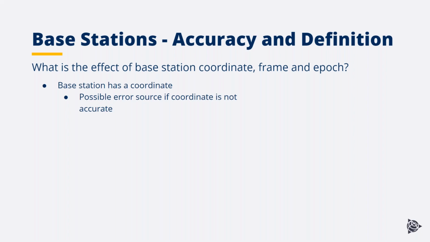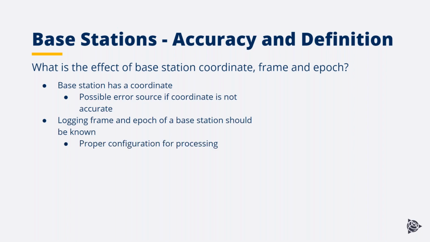If there's a 1 inch mismatch in the base station coordinate, that systematic error will also be applied to the trajectory data. So it's a possible error source if it's not well known. Also, you should pay some attention to the logging frame and epoch of the base station so that it can be properly configured in POSPac if needed.